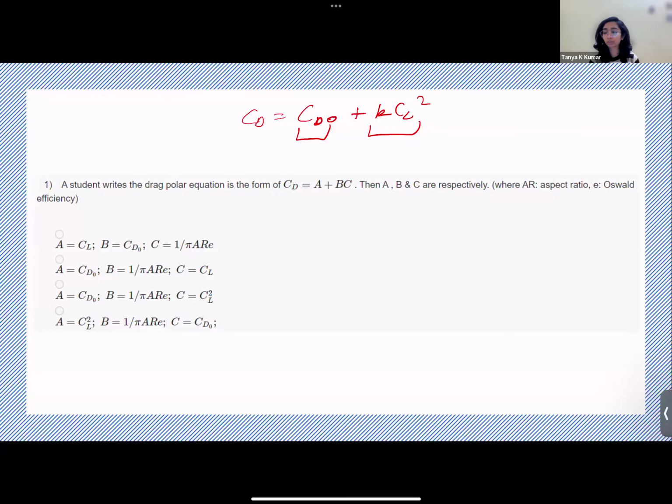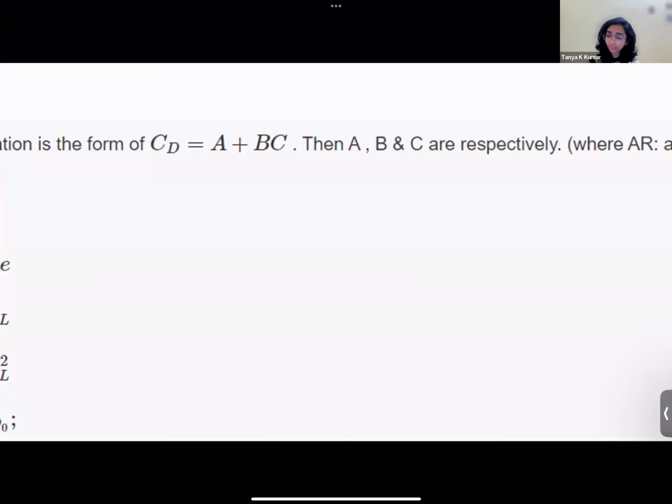There are two types of drags, right? Zero lift drag is CD naught, yes, but what is it referred to as? It had names. We had discussed this. The drag due to lift is referred to as what? You remember something known as induced drag?